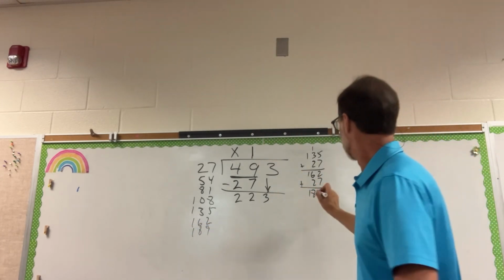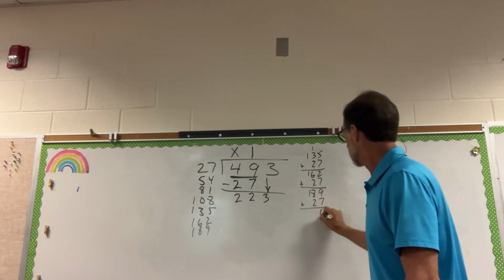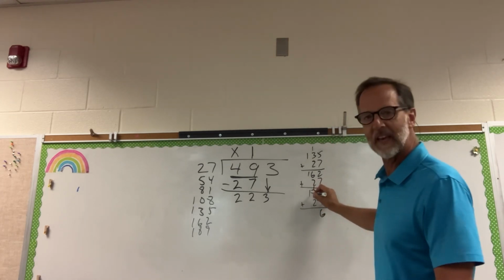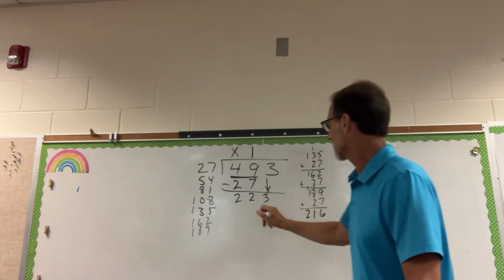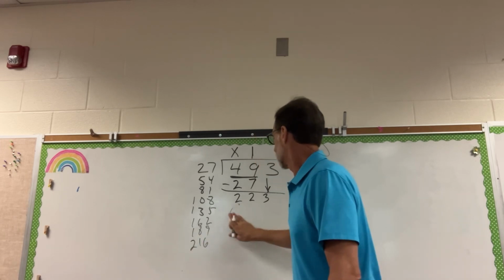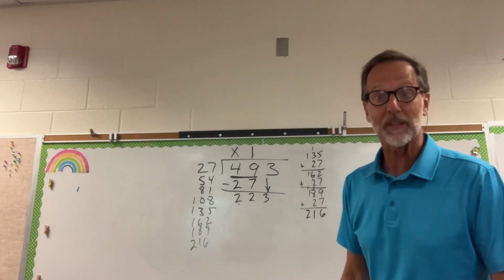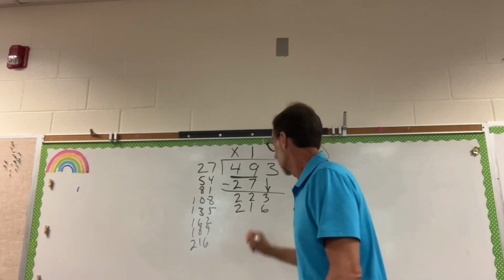Not really. Got to put another 27. I have to keep going. 9 plus 7 is 16. 1 plus 8 is 9. 9 and 2 is 11. 216. Oops, I'm sorry. Wrong place. Is 216 close? It is pretty close, isn't it? I think we're going to be good with 216. That's what we're going to put there.